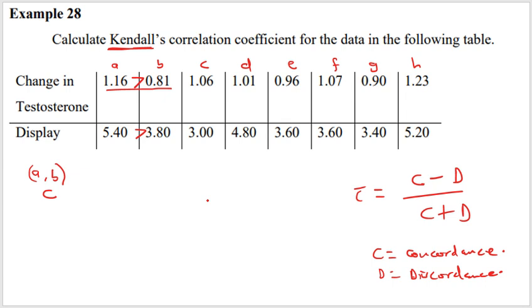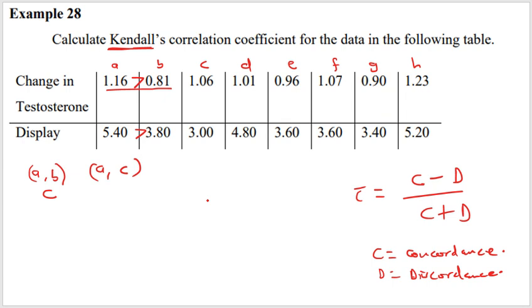If I take, for example, A and C, we realize that A is 1.16 and C is 1.06. So we can still apply the greater than sign between A and C for the change in testron.